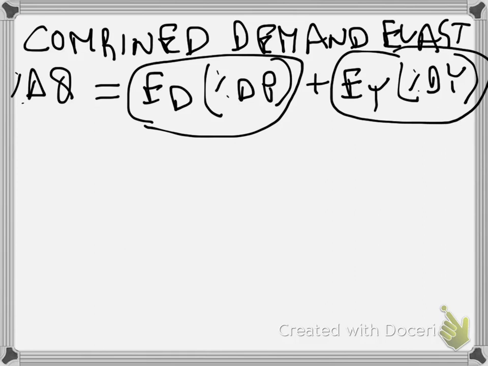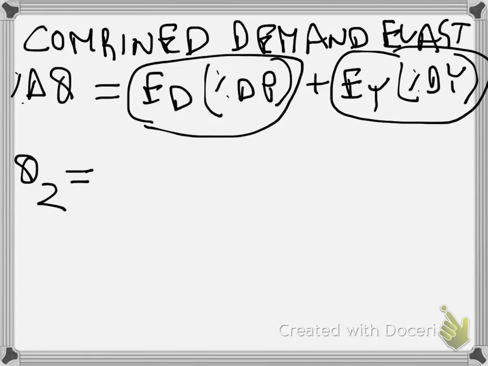Why is this important? Why do we want to combine these different measurements of elasticity? The answer is as follows. Imagine that you are trying to get an idea about how much quantity demanded is going to be in the next period, provided that you are thinking about cutting your prices, and you forecast that there is going to be a change in income from period 1 to period 2.